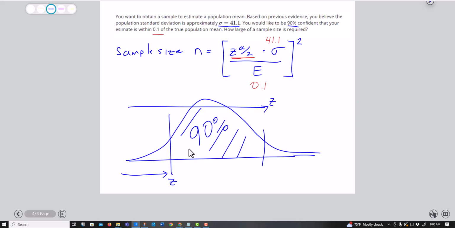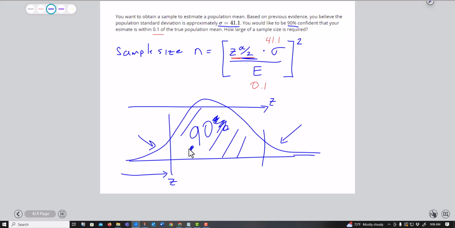Well, think about it. Doesn't the entire curve have to add to, let me use a decimal and not a percent, 1 or 100%? So what's happening is that this area and this area are each going to be half, and that's what you're seeing right here.